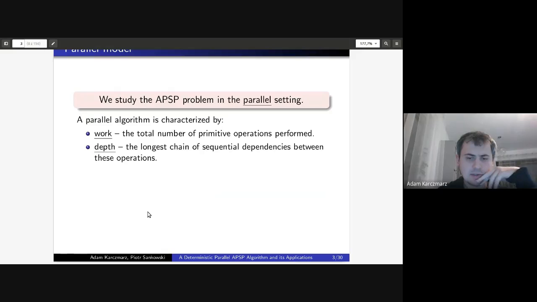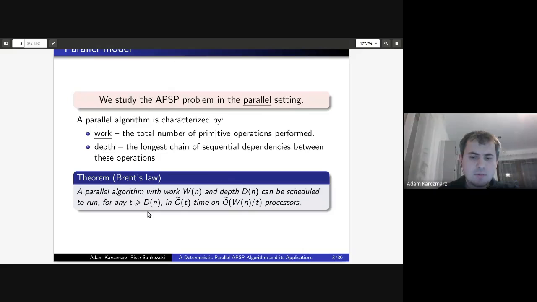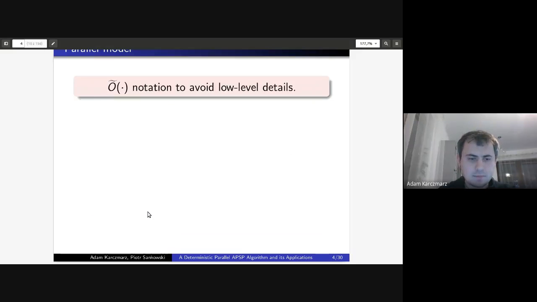For sequential algorithms, this is also called time. Second, we have the depth, defined as the longest chain of sequential dependencies between these operations. By so-called Brent's law, the depth is basically the limit on how fast you can run your parallel algorithm if you have sufficiently many processors.